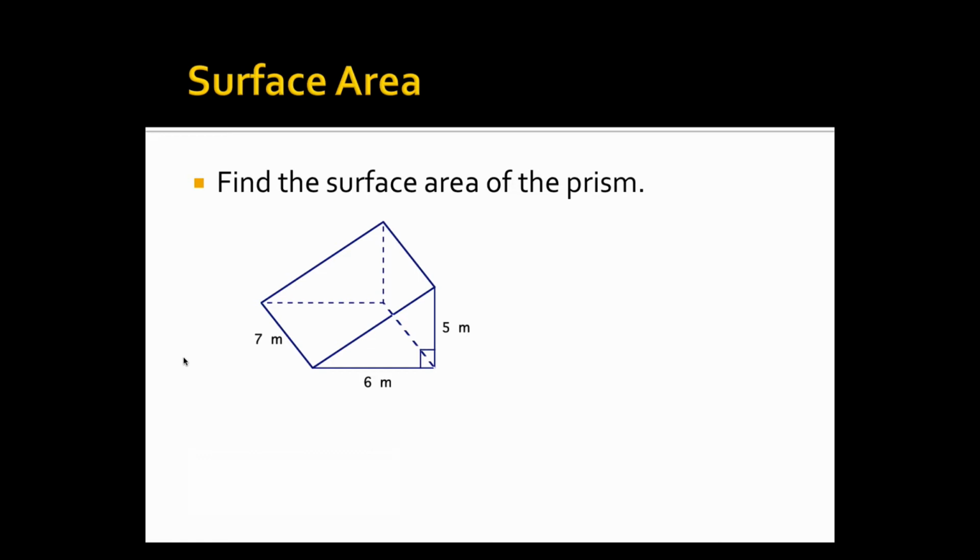Christelle, what kind of shape is that? Triangle. Beautiful, triangular prism. Find the surface area of that triangular prism.